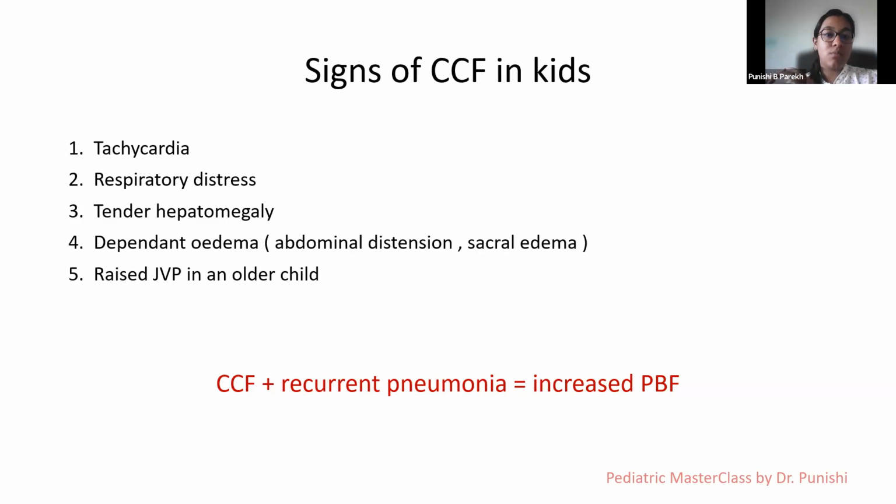And that is why it is important to know what pulmonary blood flow means. Why is it increased pulmonary blood flow? You need to keep this in mind when you take the history from your informant and have this presentation.